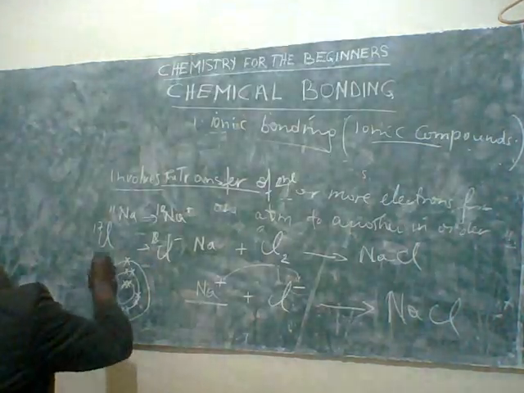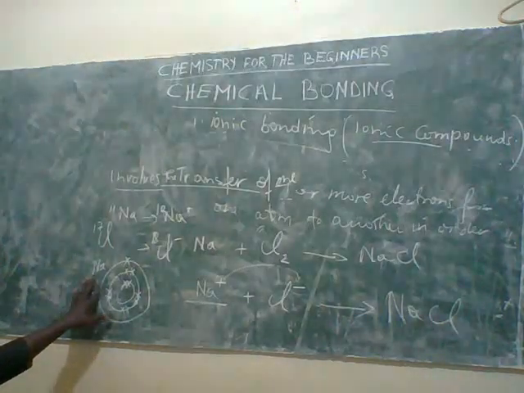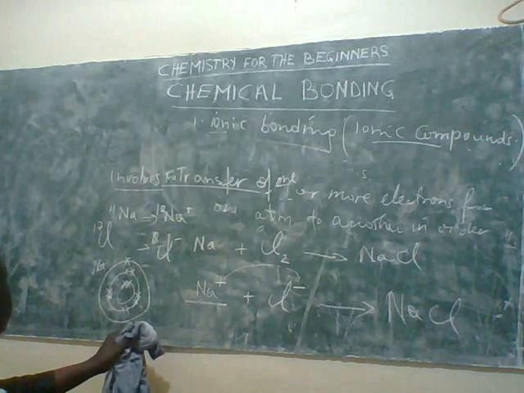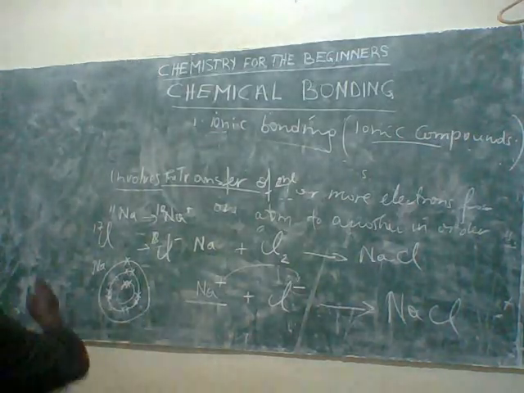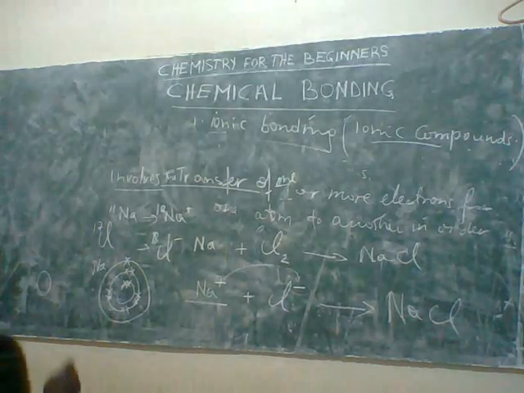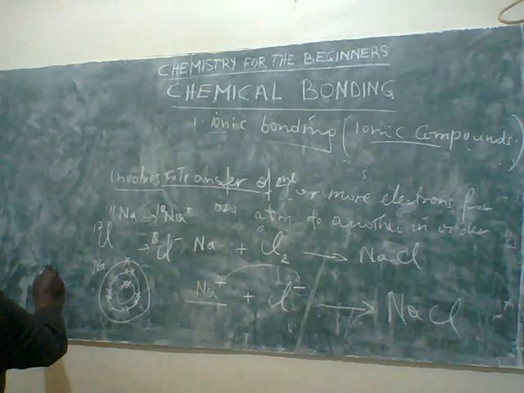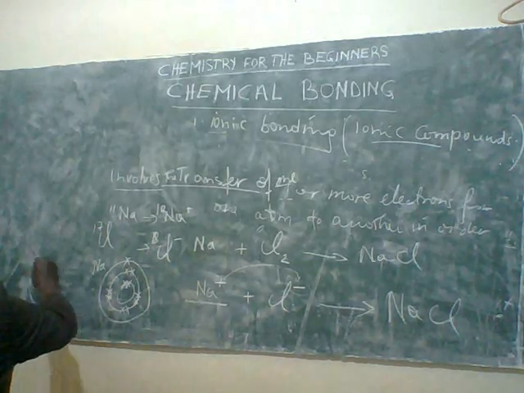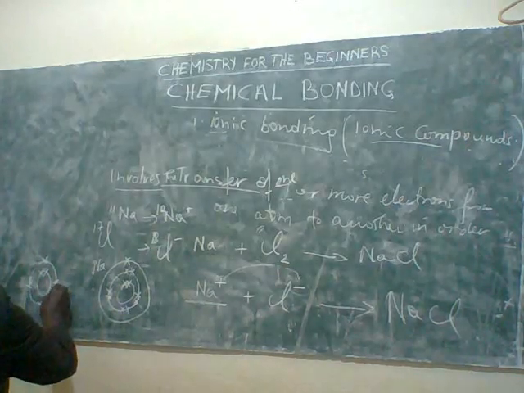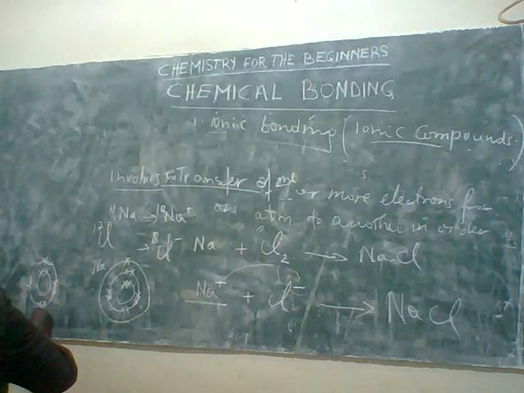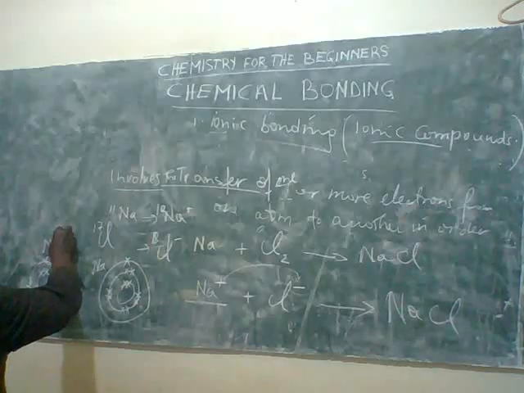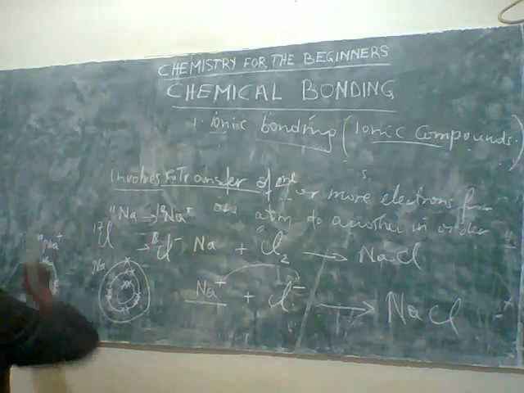This is sodium when it is neutral, when it is not an ion. But let me give you here, this is sodium ion: 1, 2, 3, 4, 5, 6, 7, 8, 9, 10, which has 10.